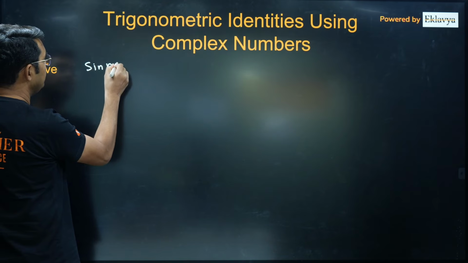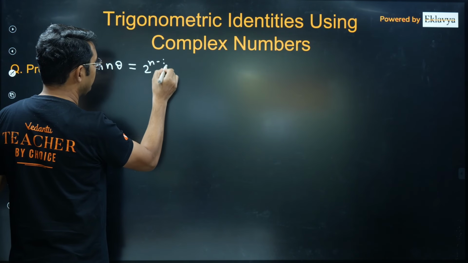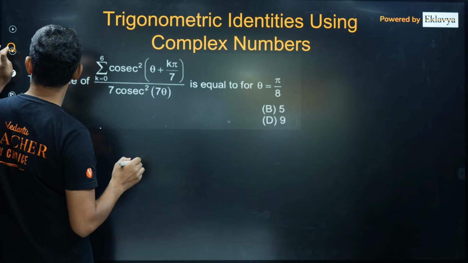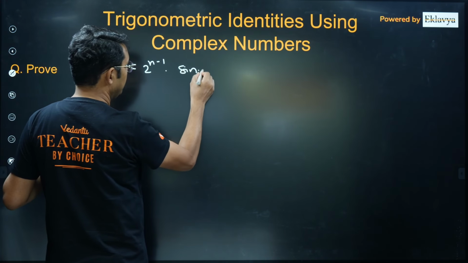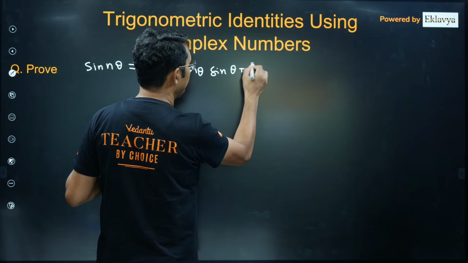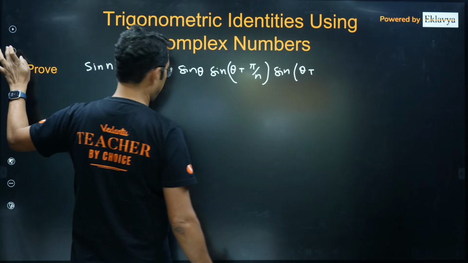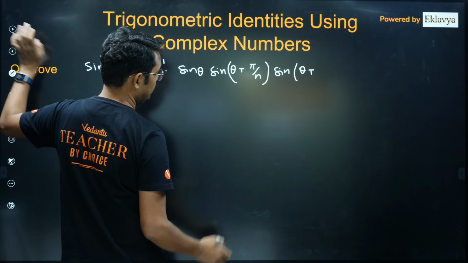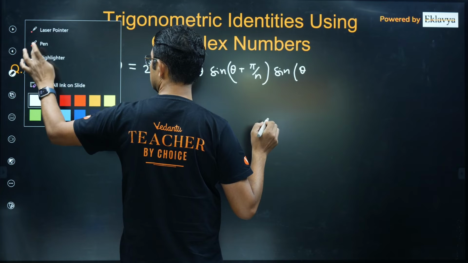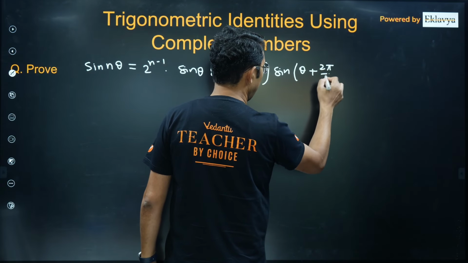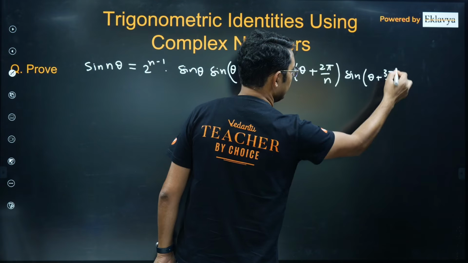We got sine n theta equal to, this 2 will cancel 1 power, so it will become 2 power n minus 1 into sine theta, sine of theta plus pi by n, sine of theta plus 2 pi by n, sine of theta plus 3 pi by n, and so on.